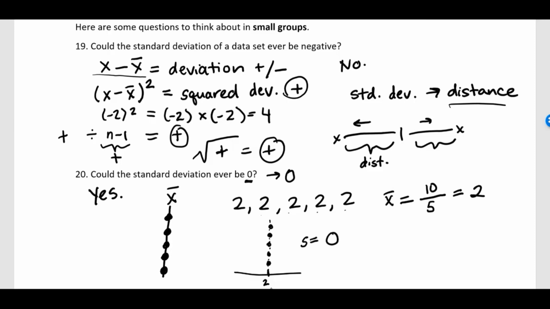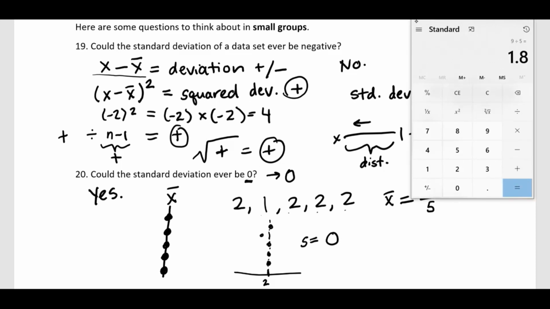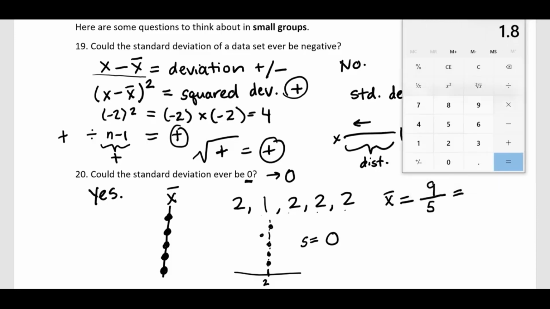Now, if any one of these values changed, if one of these 2's was a 1, then we would have 9 divided by 5, which gives us 1.8.